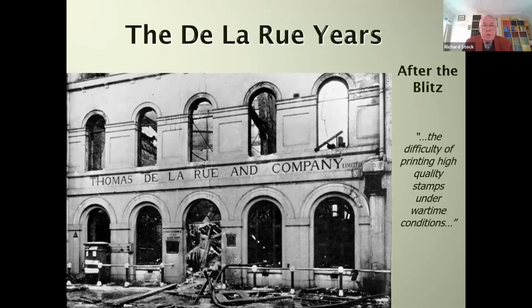This is just a photograph of the premises as they look after they were severely damaged by a bomb. And of course, if you want to convey something instantly to the people who are viewing the display, then the heading "After the Blitz" and then a short sentence is all that's needed to give a very stark picture of the problem that De La Rue faced.